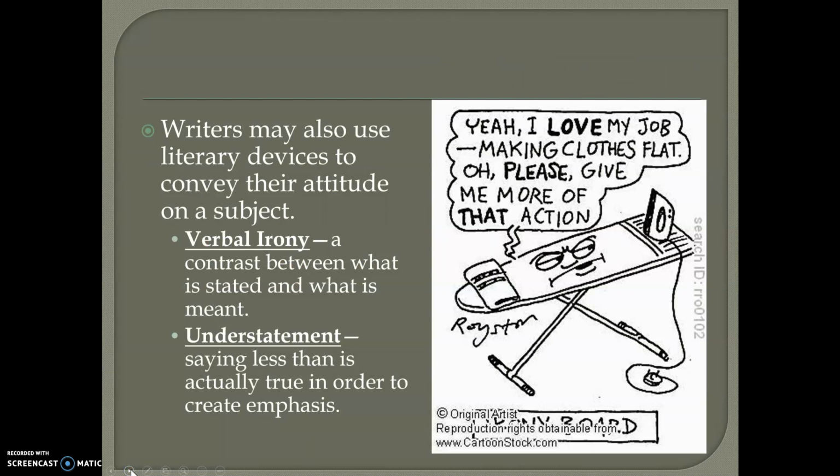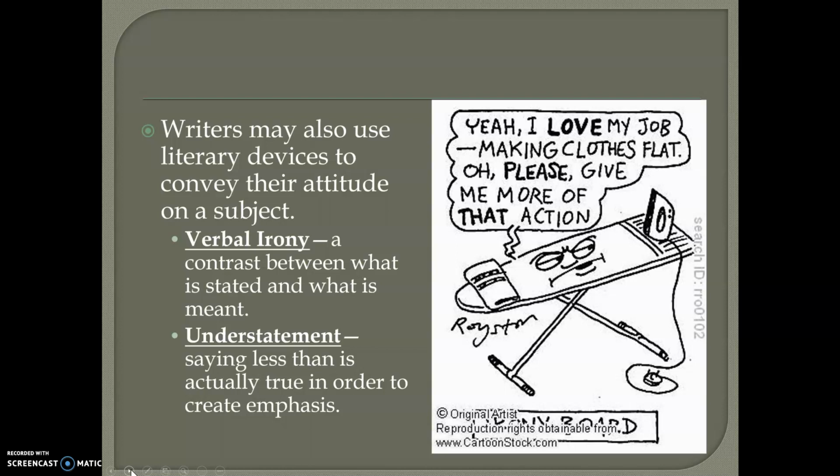Now, writers may also use literary devices to convey their attitude on a subject. Two of the ones mentioned in your book for this section are verbal irony and understatement. Now, verbal irony is a contrast between what is stated and what is meant. So if you look at the cartoon on the right, yeah, I love my job making clothes flat. Oh, please give me more of that action. So it's like, oh yeah, I really like my job. Yeah, definitely, I want more work. Well, obviously that's sarcasm.